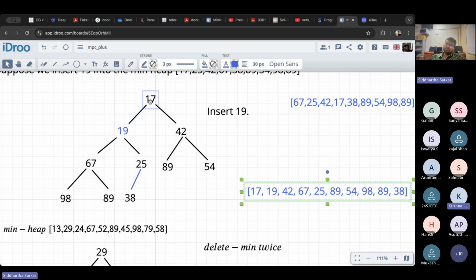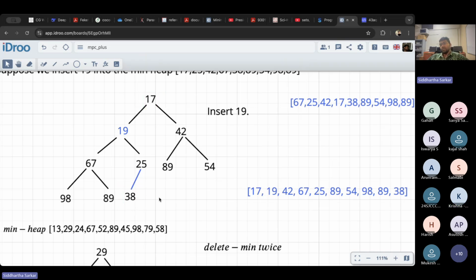So I'm considering the root as the first level. Yeah. So in the kth level, there should be 2 to the power k minus 1 elements in a complete binary tree. But what we have maintained is an almost complete binary tree, because in the last level, all the positions are filled except possibly a few, but there are no gaps in between.